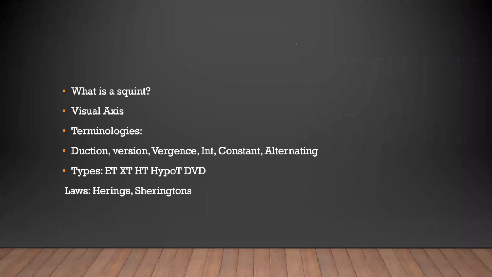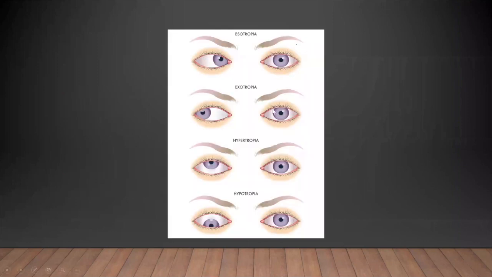Okay, and we'll go to the basic types of squints. That means we are looking at esotropia. Eso is esotropia: the left eye is fixing straight, and the right eye is deviated nasally. Exotropia, exo, is the left eye looking straight and the right eye deviated temporally.